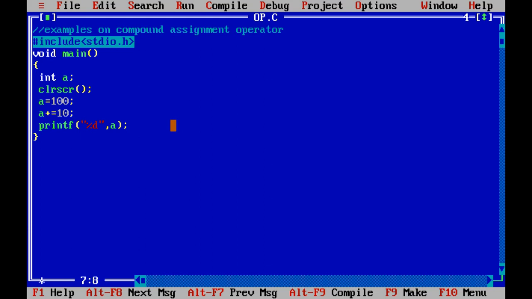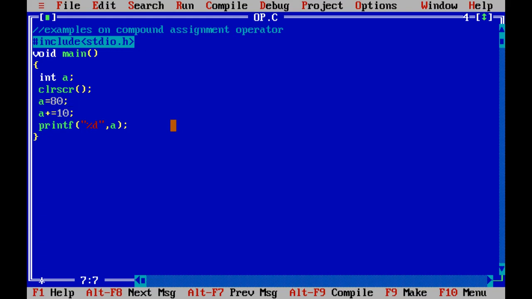I am initializing a equals 100, or say 80, a equals 80. And again I have written the statement a plus equals 10.